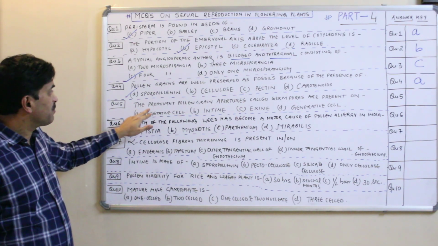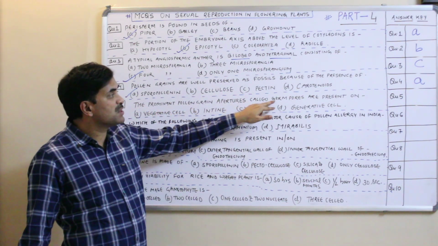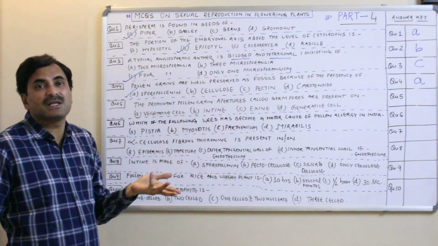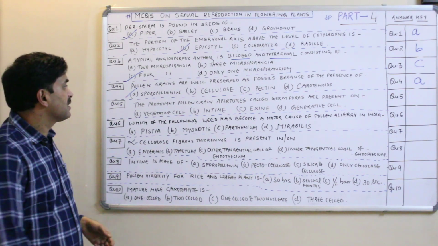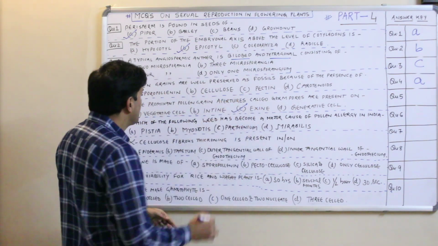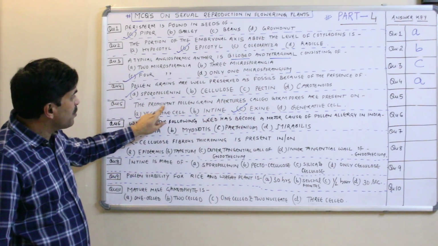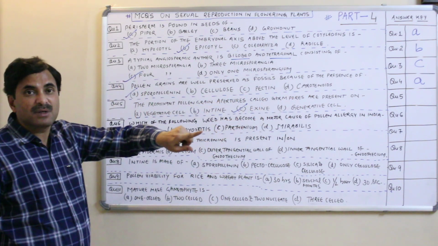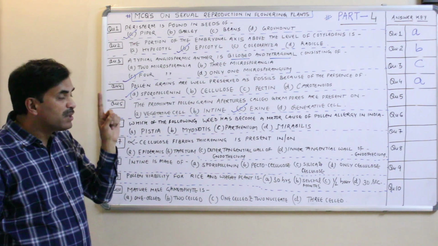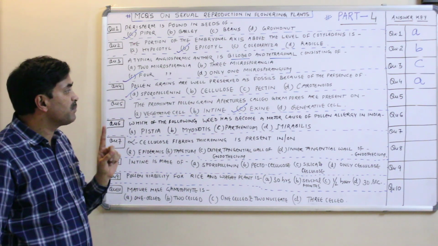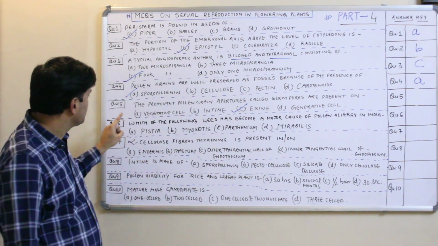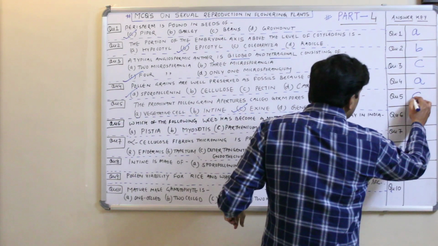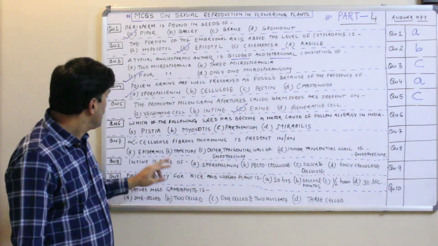So definitely the germ pores will be present on the exine layer of the pollen grain, which is the outer layer. Is it clear? Question number 5, answer is C.